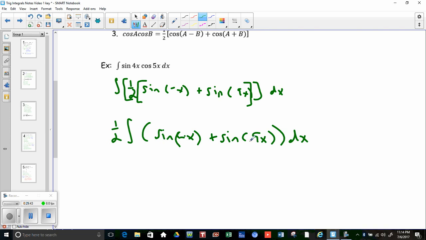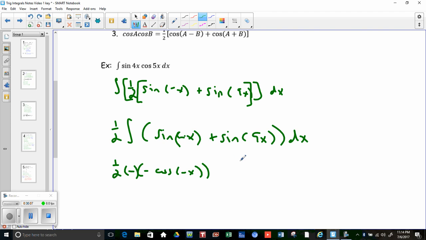And these are just angles where these are linear functions in here. So again, that trick that we learned in video 1 applies here. So let's take the antiderivative. So we should get 1/2. The antiderivative of sine is negative cosine of negative x. And then the negative in here is really a -1. The reciprocal of -1 is just -1.